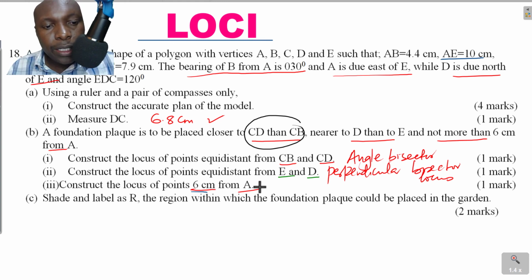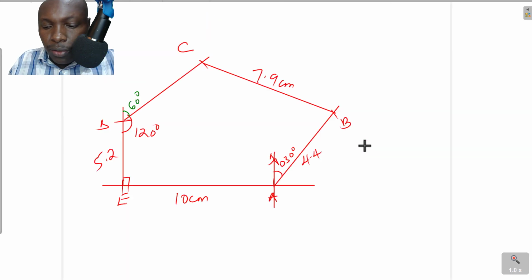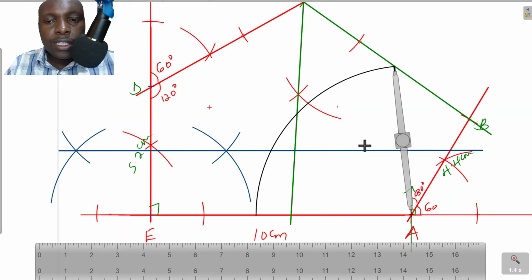The last part is shade and label as R the region within which the foundation plank could be placed in the garden. The region that satisfies these three conditions, that should be closer to CD than to CB. Actually, what you're supposed to look at is the locus that you've constructed.